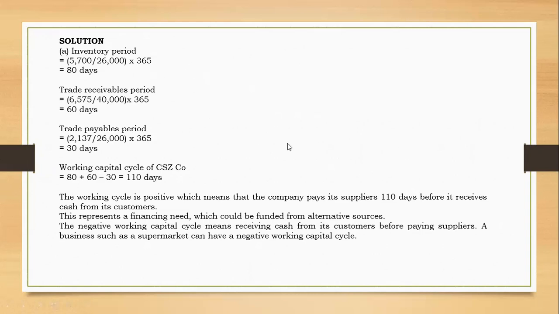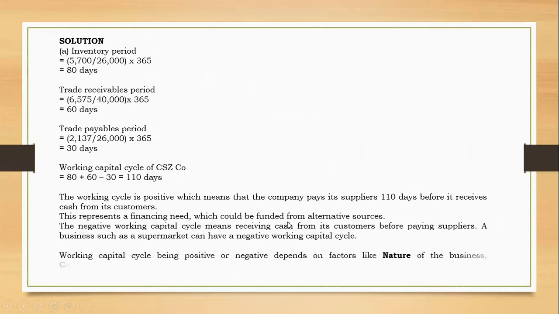So it really depends. Working capital cycle being positive or negative depends on several factors. For example, nature of the business. Just for example, a supermarket has that nature. Not a lot of inventory is held, and so we say that our inventory holding period is very low, and then no trade receivable payment period. Maybe they don't sell goods on credit, but they can secure goods on credit from suppliers.